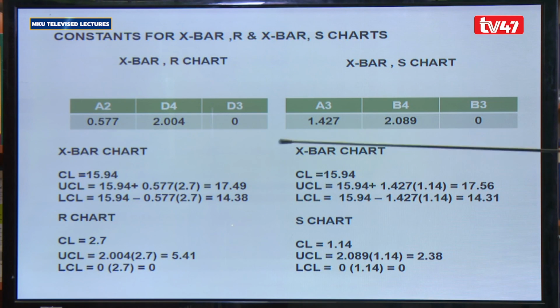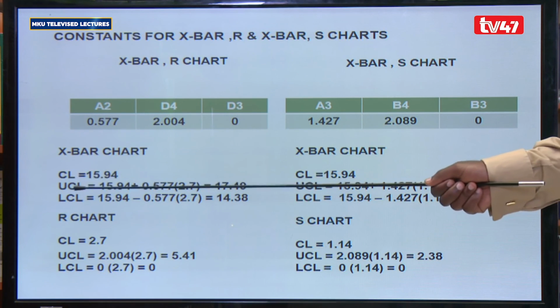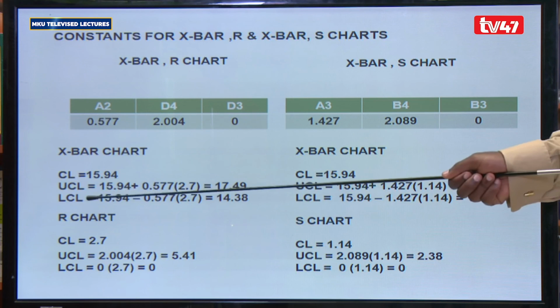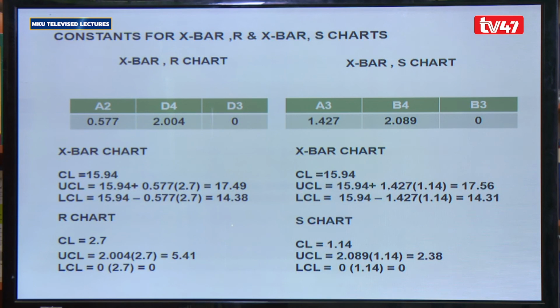The upper control limit in this case is 17.49, and the lower control limit is 14.38.